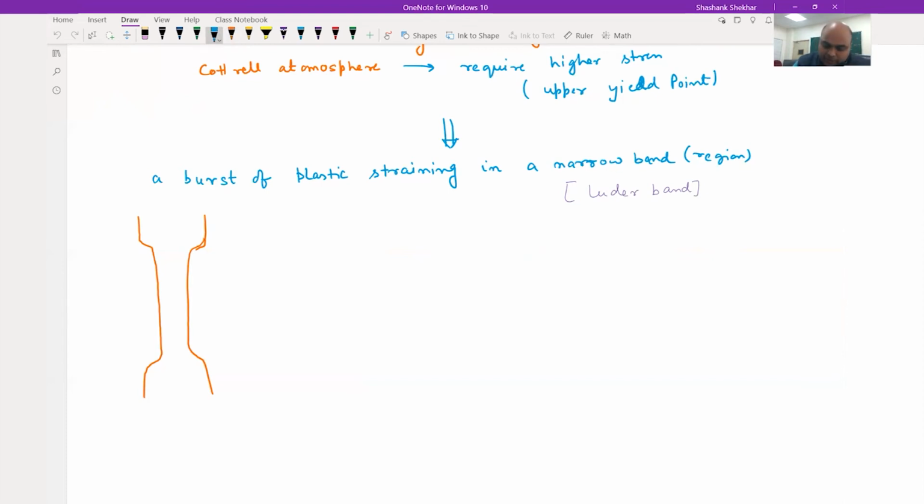So say we form a Lüders band here. So you have a burst of plastic straining in this particular narrow band. So you start forming Lüders bands. So say in these two regions we saw, both of these are Lüders bands.